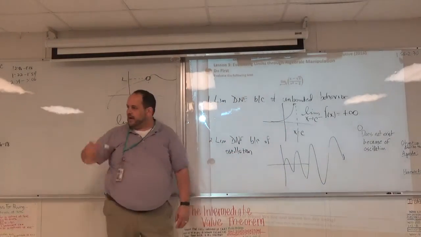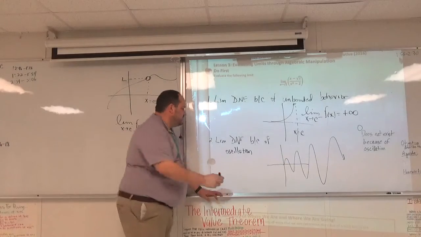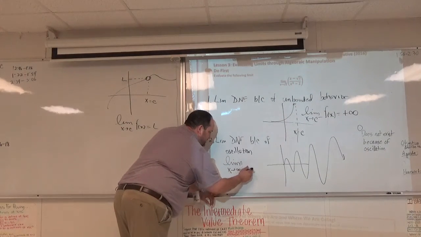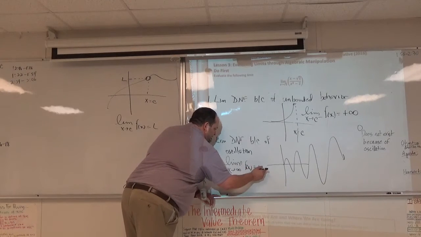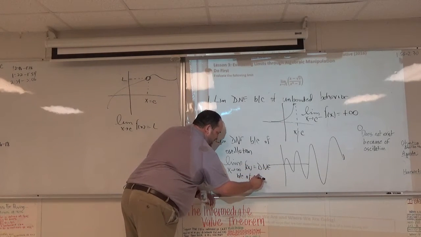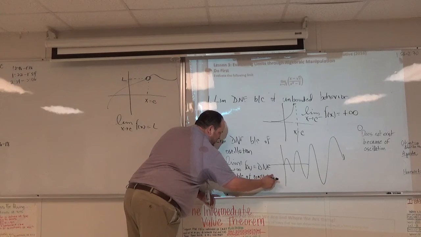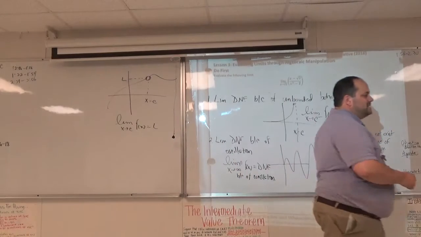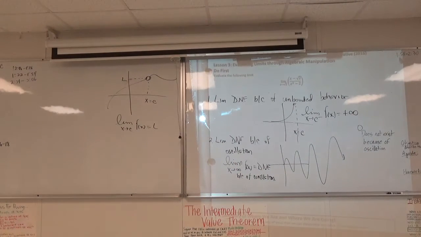You're not getting closer to any one particular number. So in this case, I'd say something like the limit as x approaches infinity of f of x does not exist because of oscillation. And the third reason that a limit doesn't exist, we've already talked about this, so it's not a surprise to anybody.